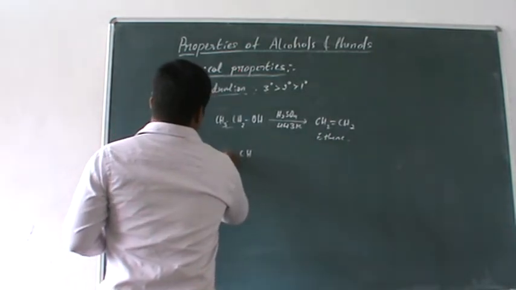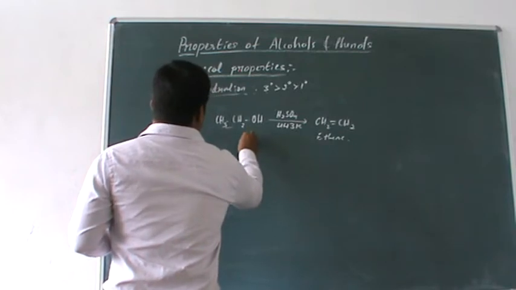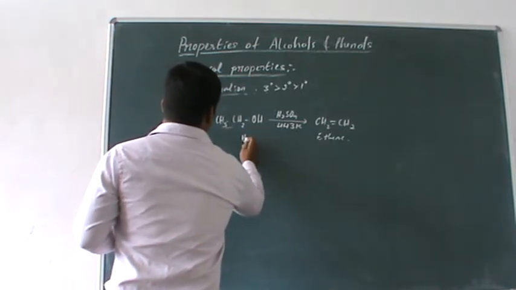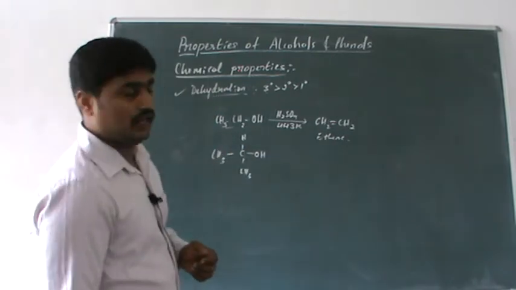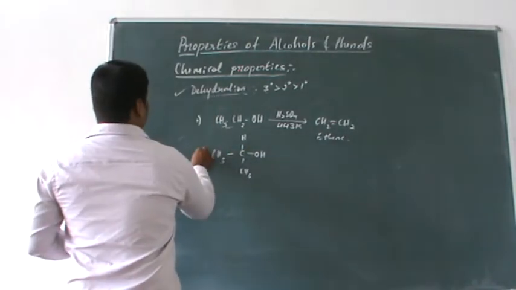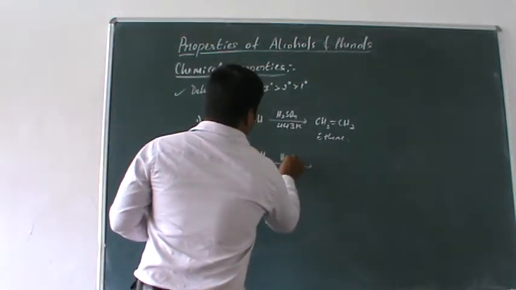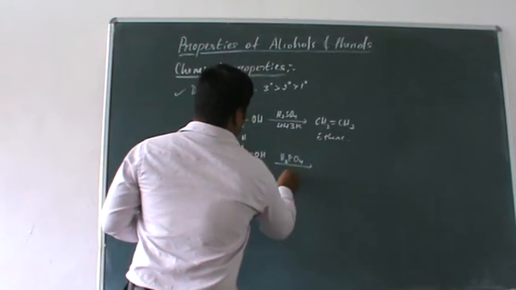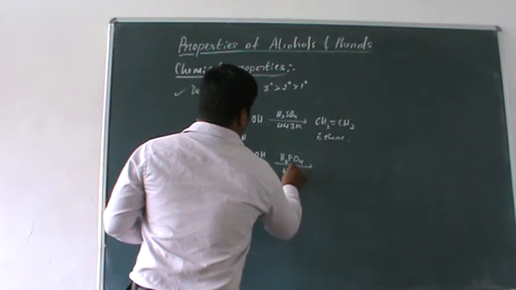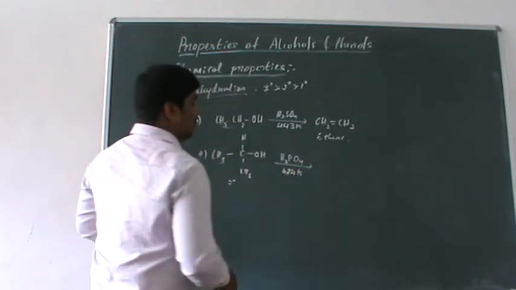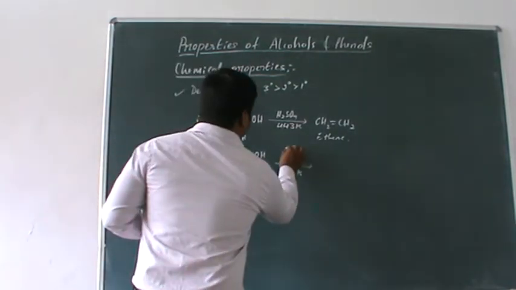In the case of secondary alcohol, we need phosphoric acid at around 424 Kelvin temperature. A smaller amount of temperature is enough, and only 80% phosphoric acid.